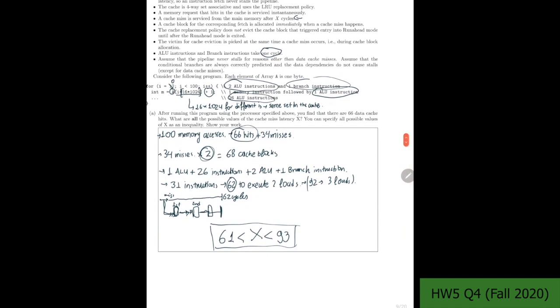And in the case we have 93 cycles, Runahead will have 3 loads, and the number of hits will be different.